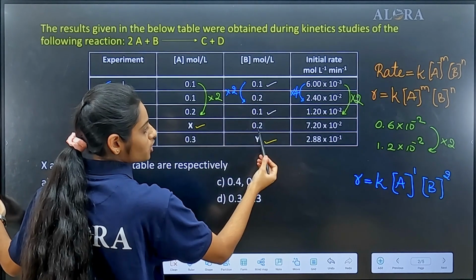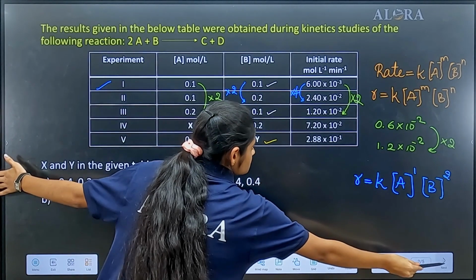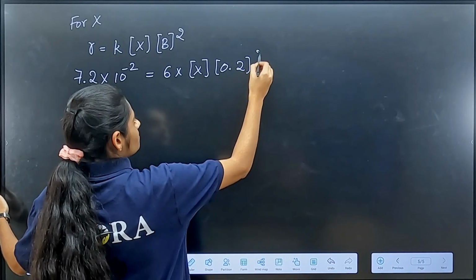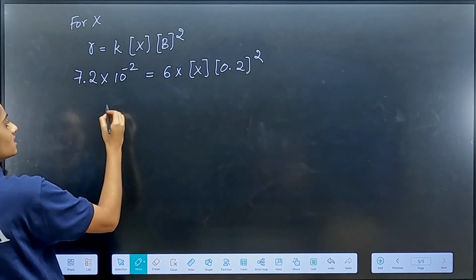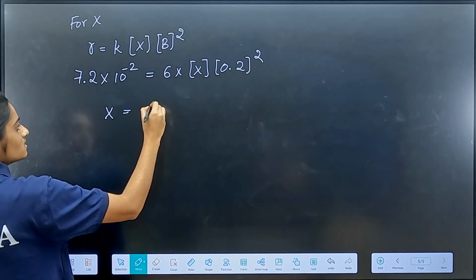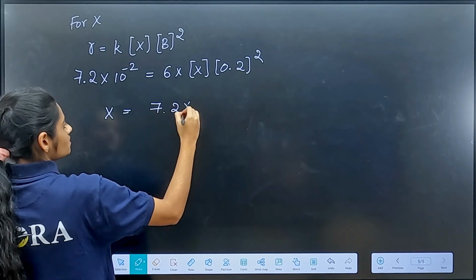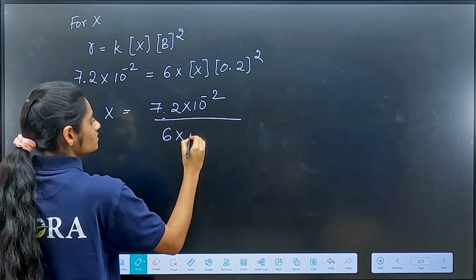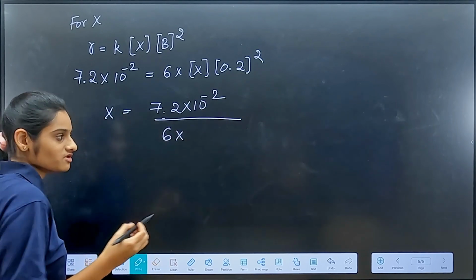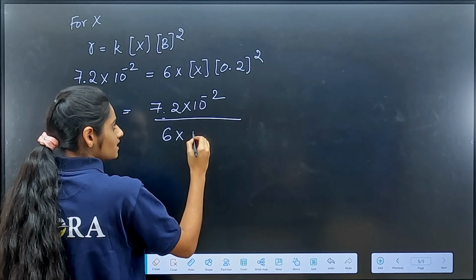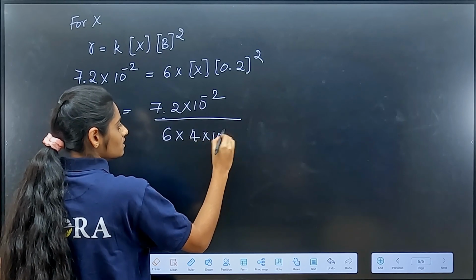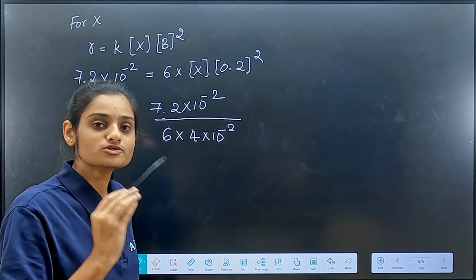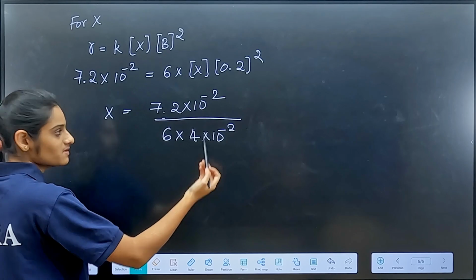For B it is 0.2. So let us substitute. So 0.2 to the power 2. So let us solve for X concentration. So X is equal to 7.2 into 10 to the power of minus 2 divided by 6 into 0.2 square, which will be 0.04. So I write it as 4 into 10 to the power minus 2.